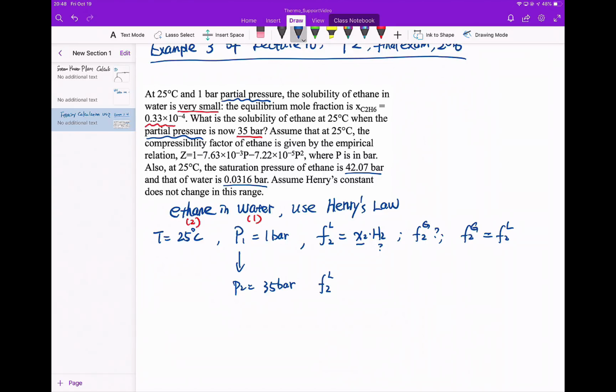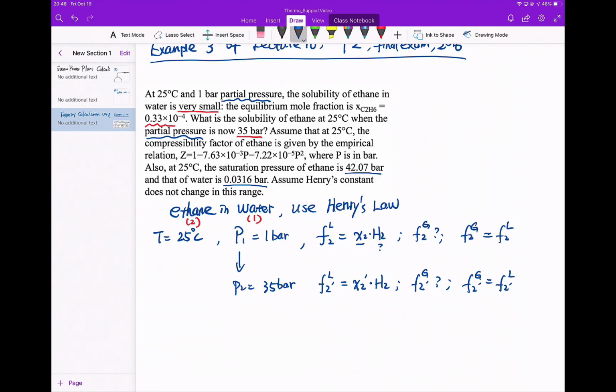Let's call this f2 prime. Then we are still using Henry's law to calculate, and for that equation the constant does not change. So we assume this is x2 prime times still the same H2, right? And of course we don't know what f2 prime would be for the vapor phase, but no matter how, I still have this equation valid.